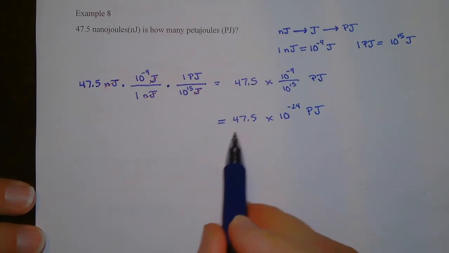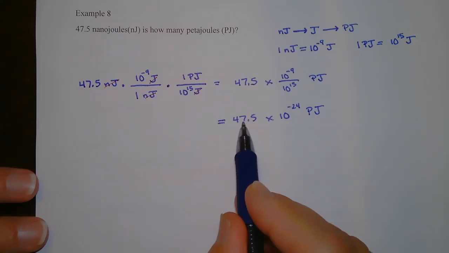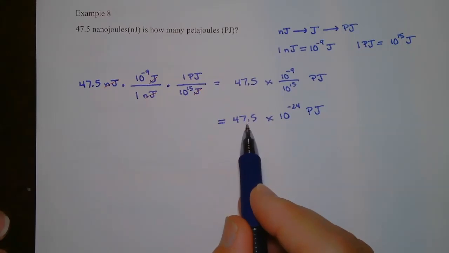Now we're not in scientific notation. This is kind of a big number, 47.5, so I need to move the decimal one place, which gives a positive exponent.